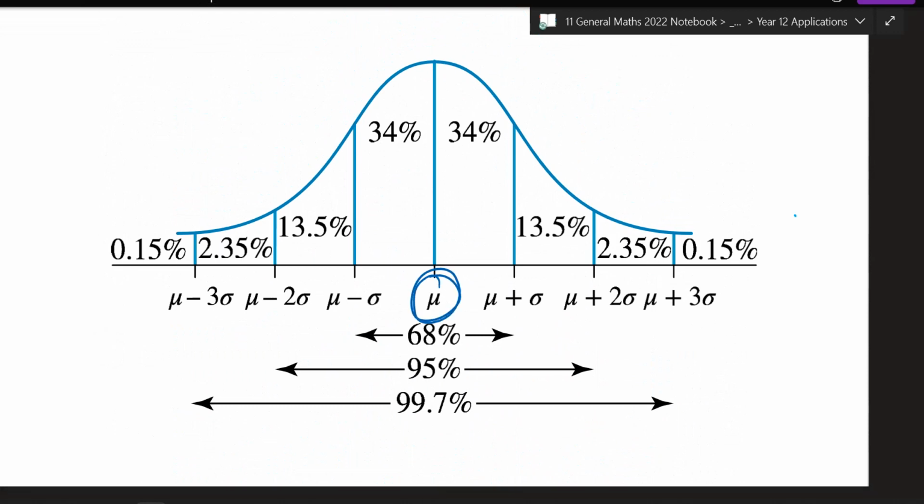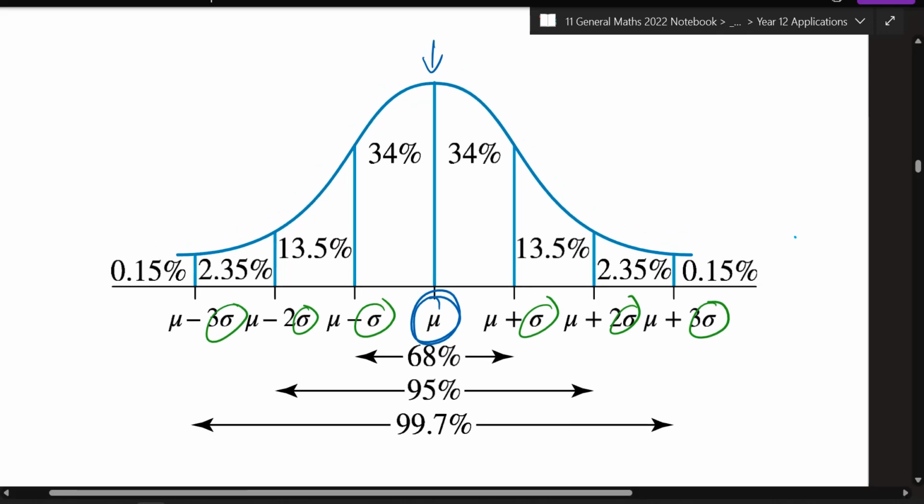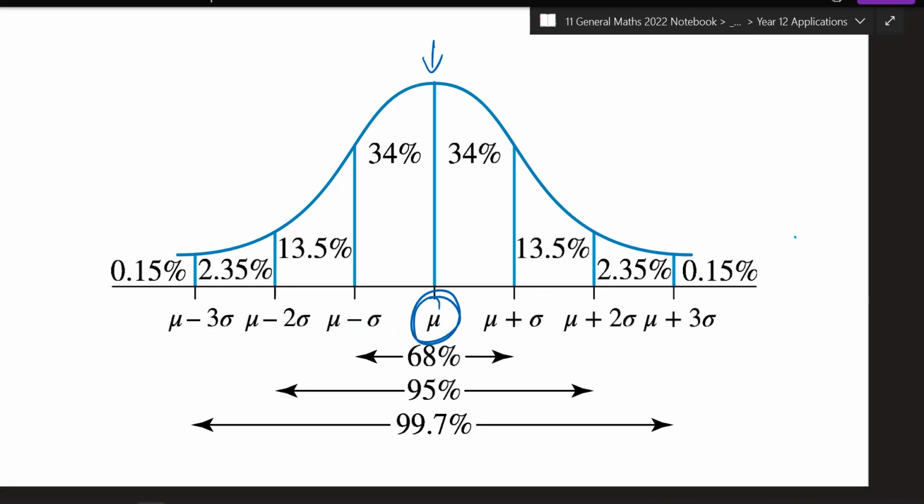This U is the mean. You can think of it as the center. When you look at a bell curve, the mean is at the tip of the curve. These other symbols, these little O's, are your standard deviations. So you've got a bell curve, and the mean is in the middle.